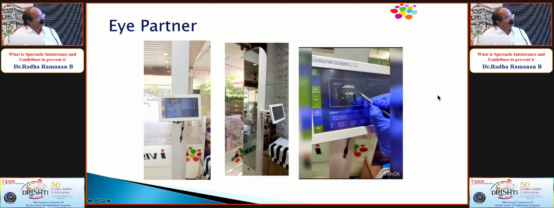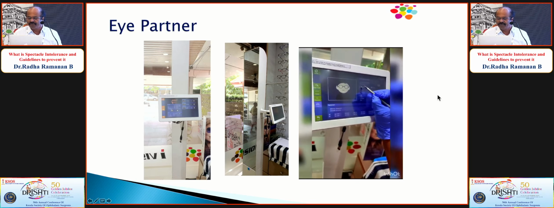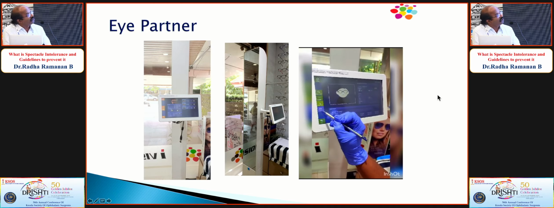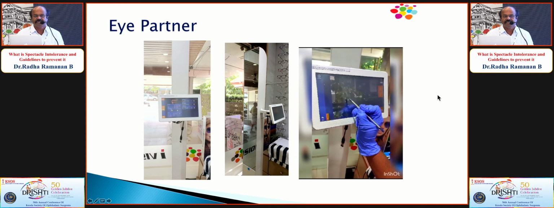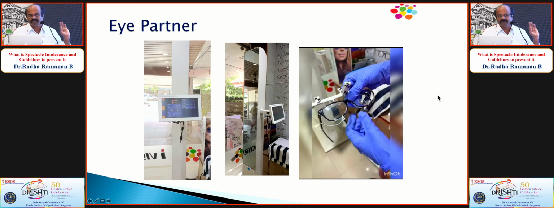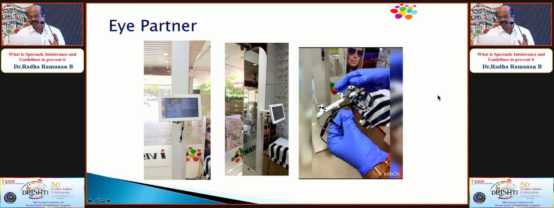This is a machine used by the SLR groups. They have a Visio office. Now most of the systems use what you call the eye partner. So it's so easy for the optician. It takes all the measurements for fitting the lens, so the lens will also be manufactured according to that.